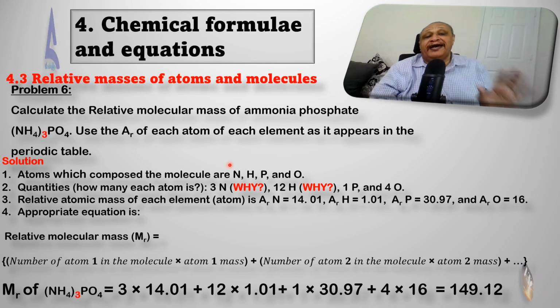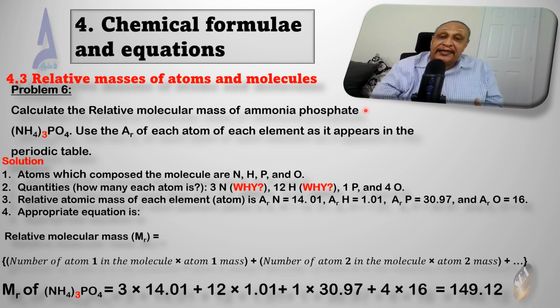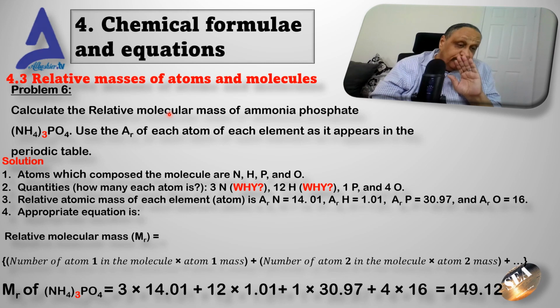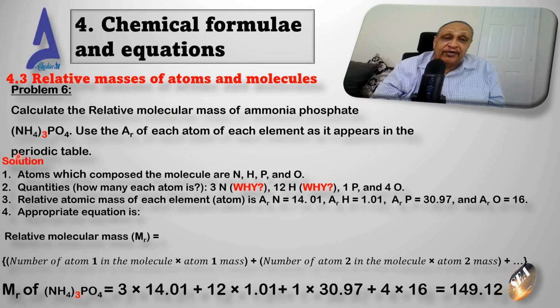So we have the same problem as the previous one. The difference is that instead of the group becoming number 2, it is now number 3. The group is number 1, and then after that there is the second group. Again, when they say the formula, that means we are talking about an ionic form. Now, let us go for this.